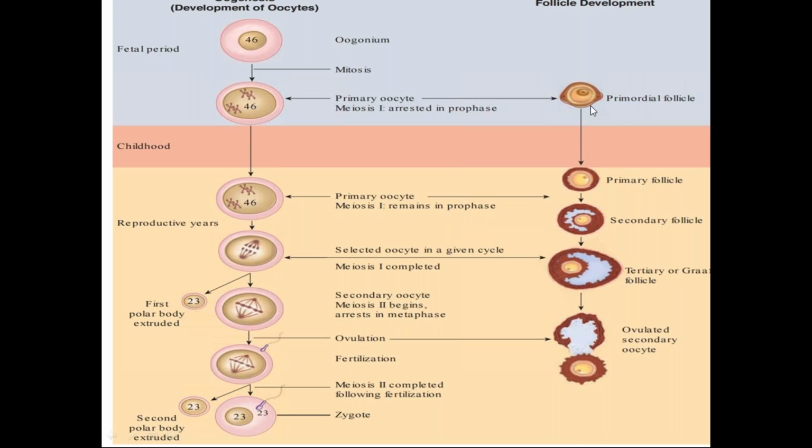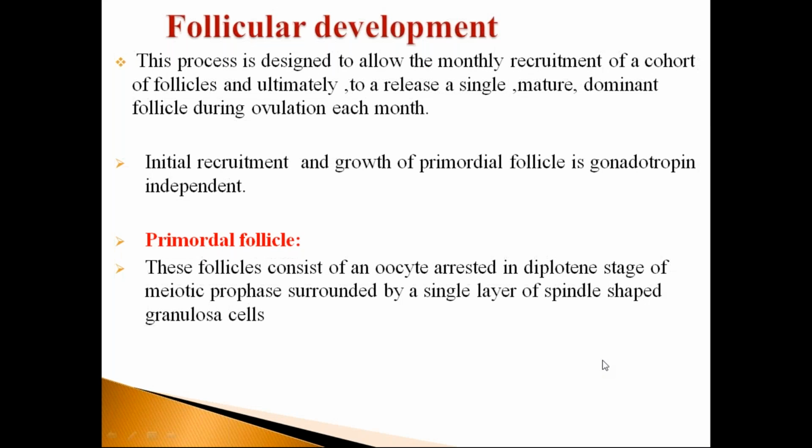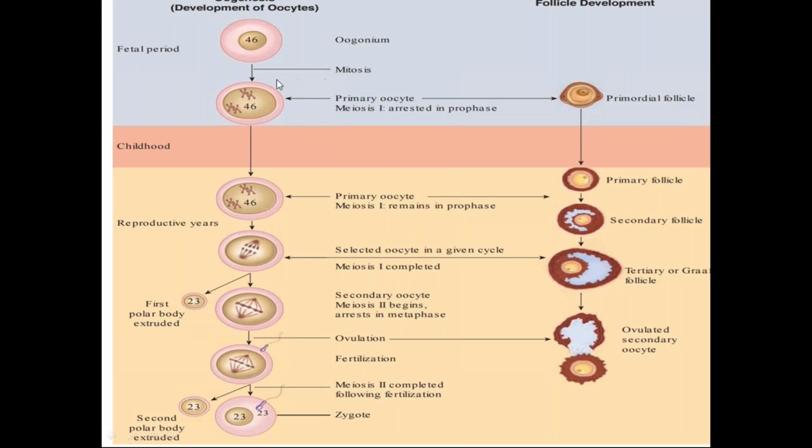This is the follicular development stage. It starts from the primordial follicle, which changes to primary, later secondary, tertiary, and finally grows into a Graafian follicle, and finally ovulates, releasing the oocyte. If you can see here, the primordial follicle is arrested in meiosis 1, at the diplotene stage of prophase. After ovulation, meiosis 1 is completed.